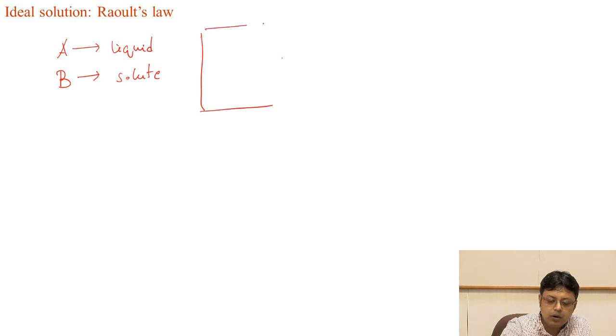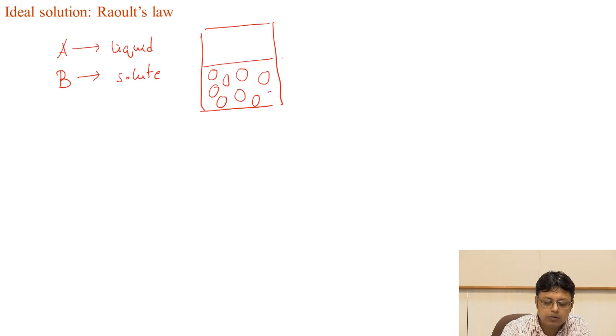We are trying to give a molecular level picture. So in the liquid you have all these liquid molecules, or molecules of A. So these are molecules of A, and suppose I'm writing the molecules of B like this.